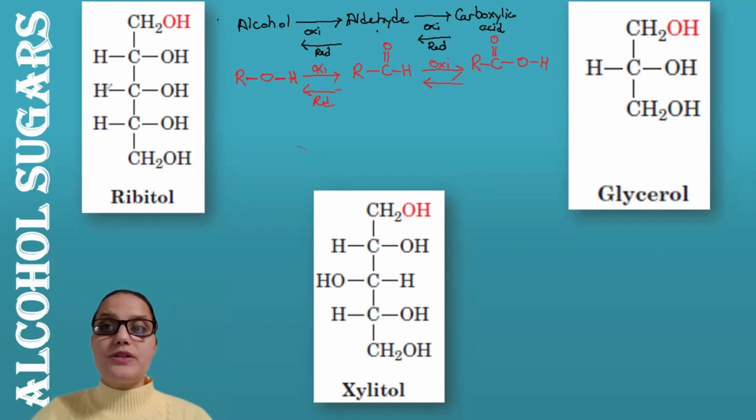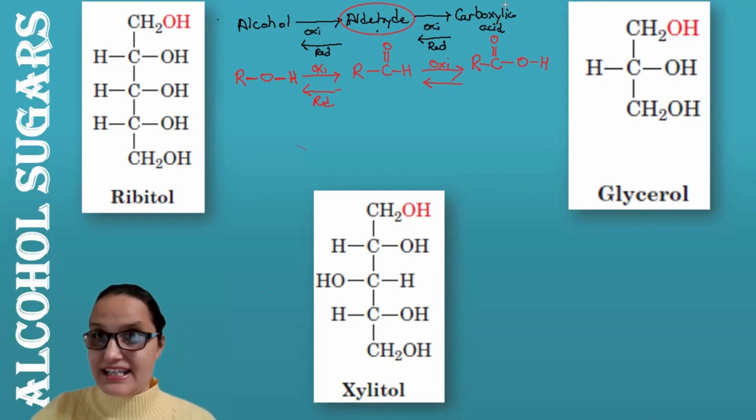We know that the monosaccharides are polyhydroxyaldehydes. Whenever this aldehyde gets reduced, it can form alcohol, and whenever this aldehyde gets oxidized, it will form carboxylic acid.